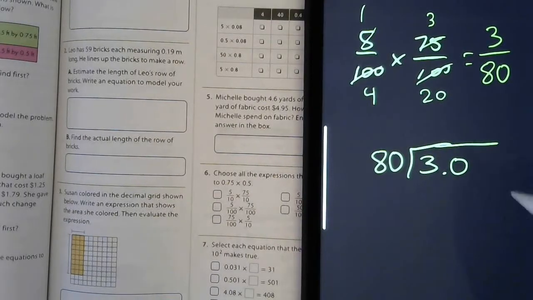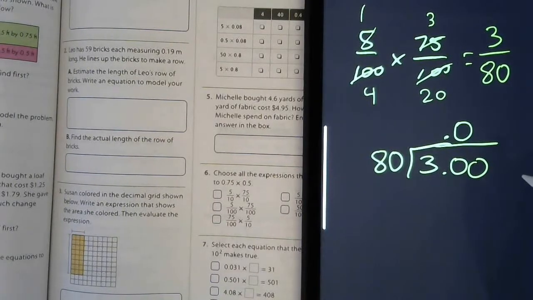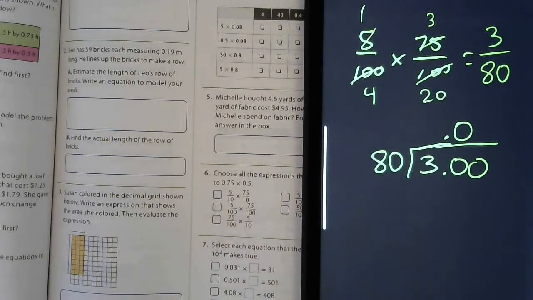80 doesn't go into 30. I can add another 0. 80 does go into 300. So I'll bring that decimal up. We know it doesn't go into 30. 80 goes into 300. I had to think about this one for a second. 80 does go into 300.